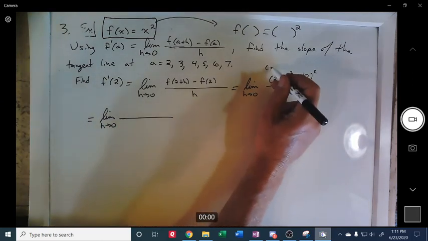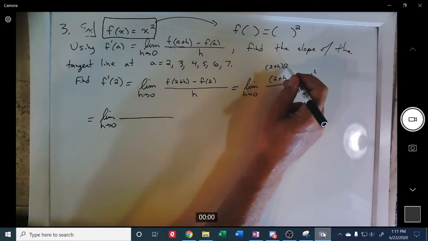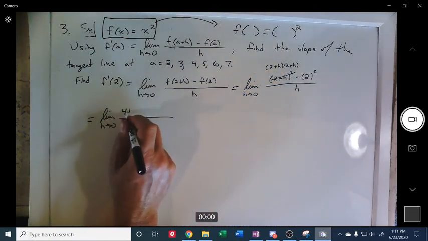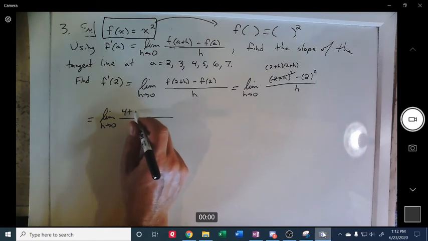When I FOIL that out, I get 2 middle terms. 2h and 2h make 4h.